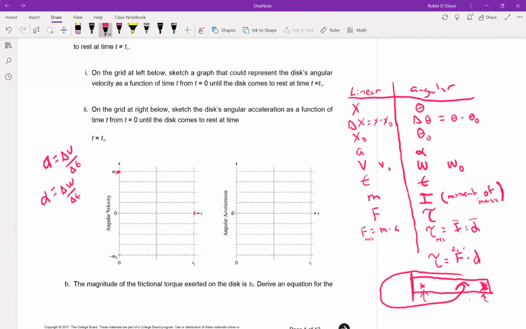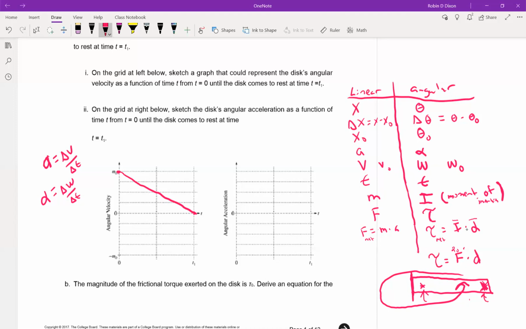So we have a constant change in angular velocity. It's decreasing because it goes down to rest. There we go. That is our graph for a lowercase 1.